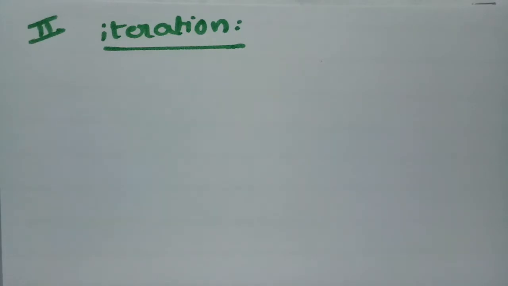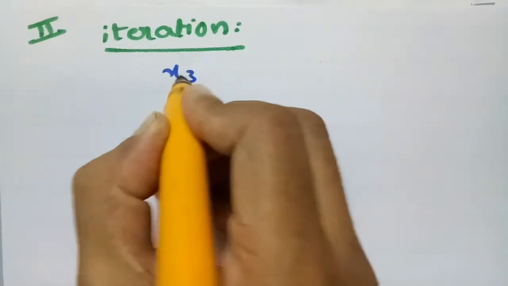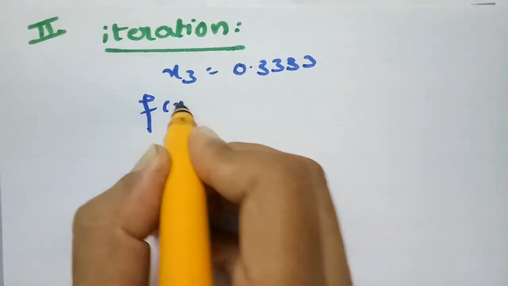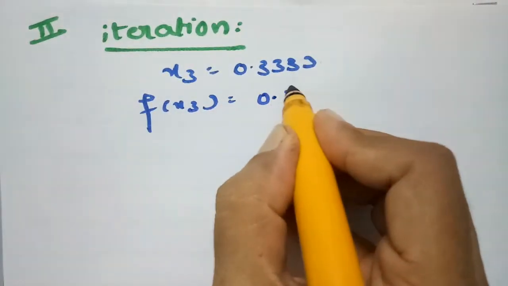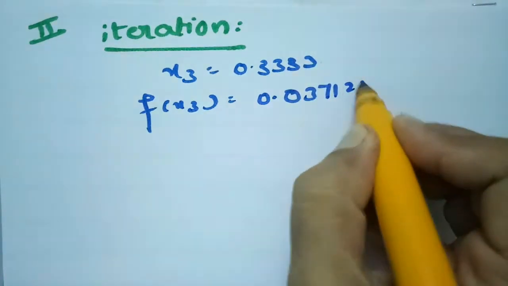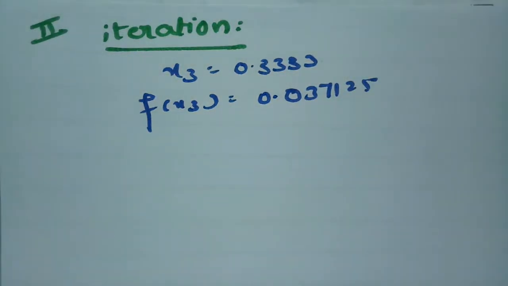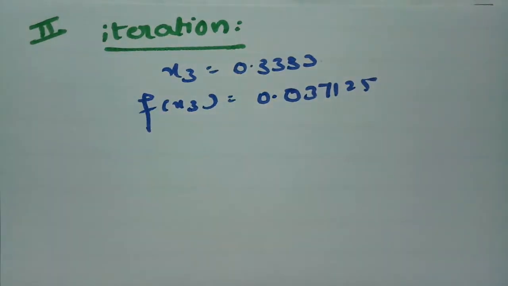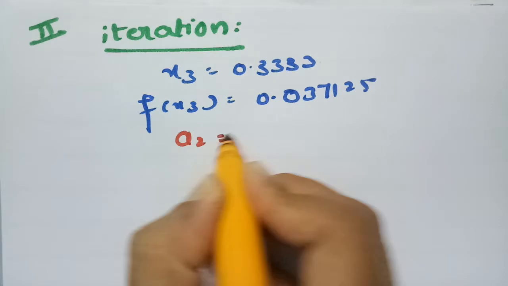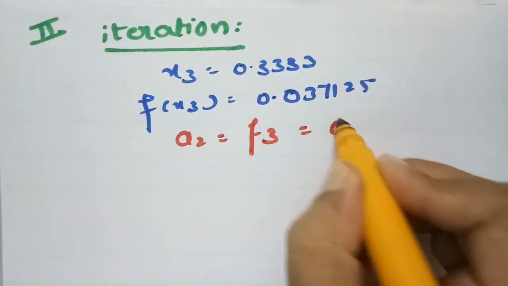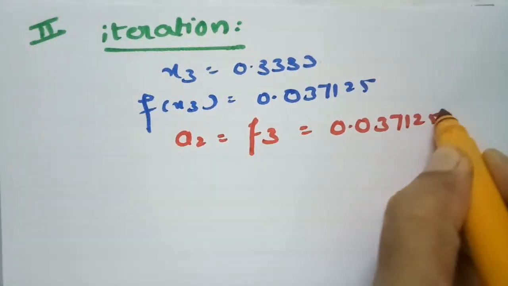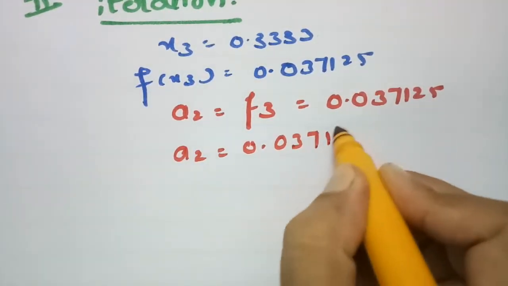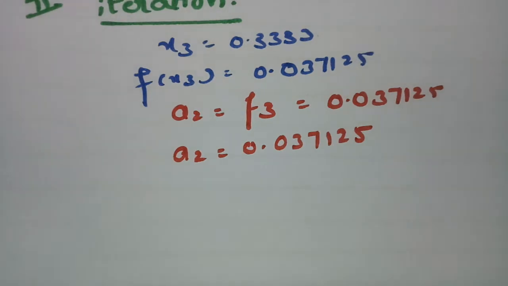According to the second iteration, we have x3 value as 0.3333 and f of x3 value we got as 0.037125. So we have to remember that one, and we have to conclude a2. So what is our a2 value? a2 is equal to f3, the final value, 0.037125. So we got a2 value, and the next thing is we have to find out the value of d.